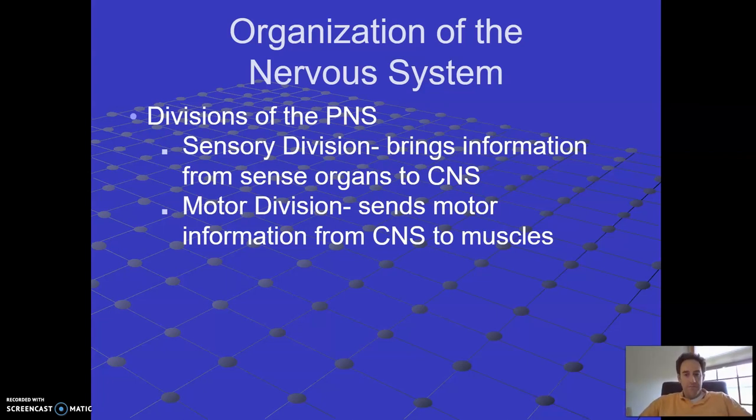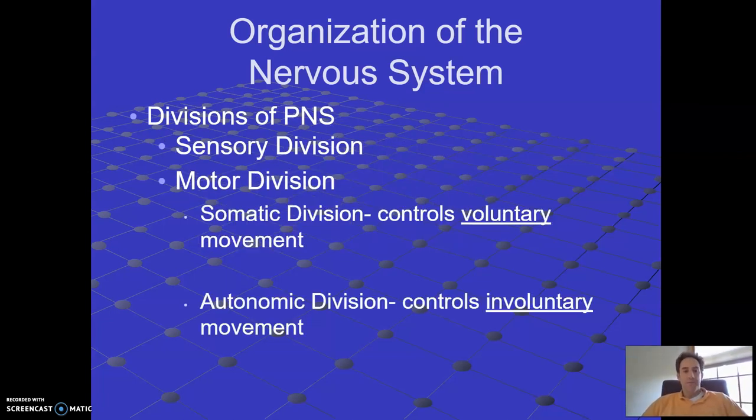So if I'm seeing something, information is coming in through my sensory division. If I'm moving, then that's the motor division, okay? Pretty straightforward. Now, the motor division can be further subdivided into a somatic and autonomic division. The somatic division controls voluntary movements.